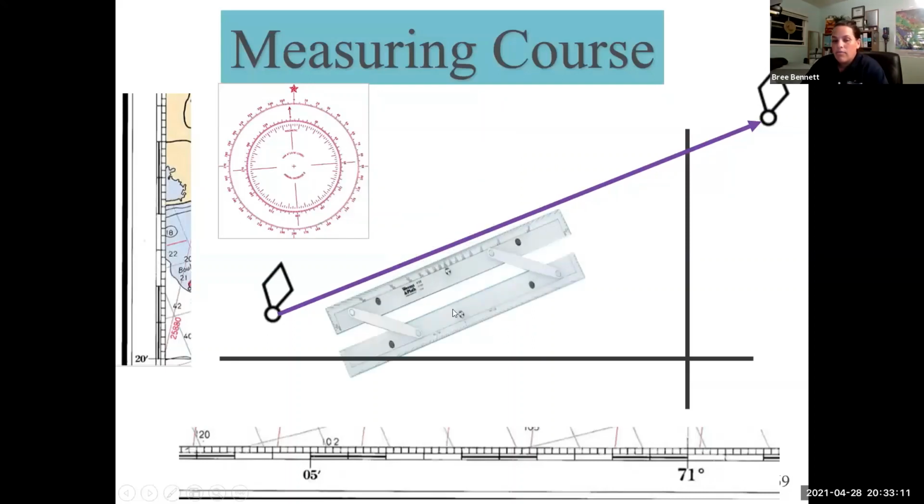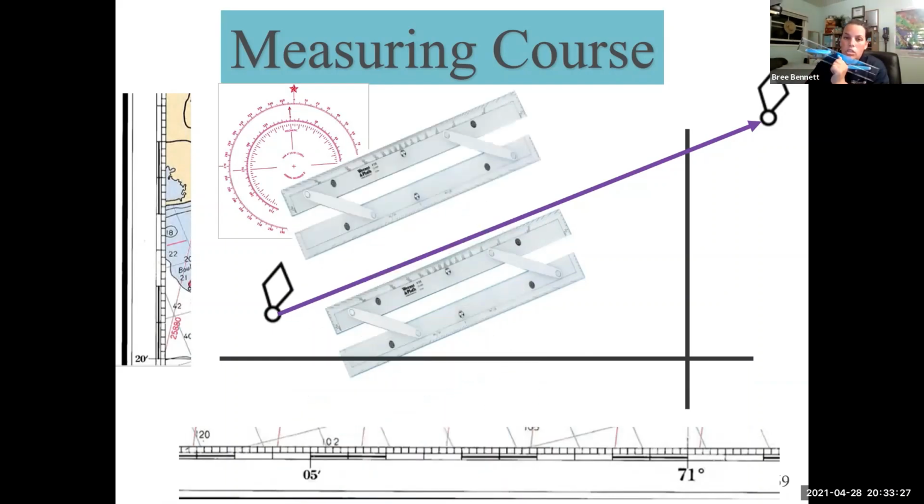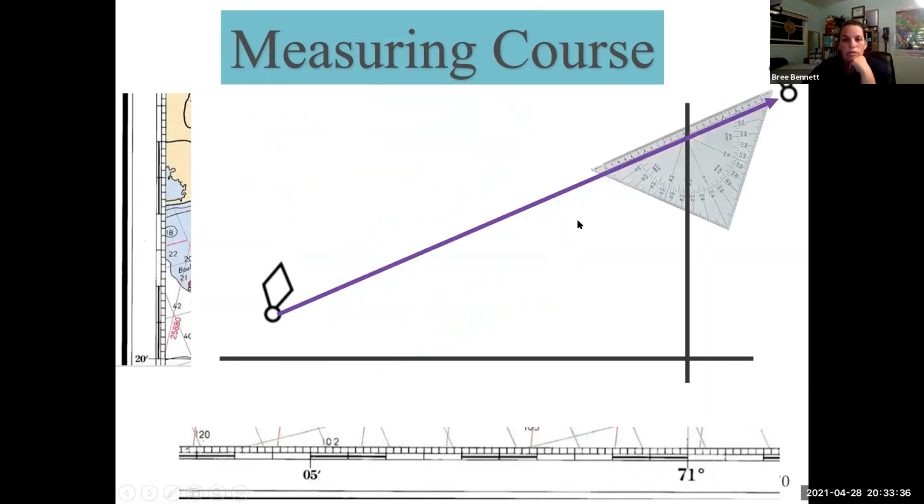Same type of thing if you have parallel rulers. Going to be these. Again, I'll show them to you on the chart. But you line it up, pretty straightforward. You line it up on the line in question, and then you just parallel it up to the closest compass rose.